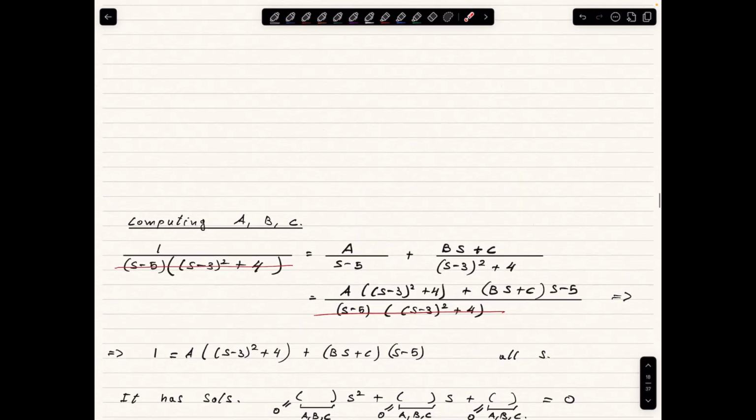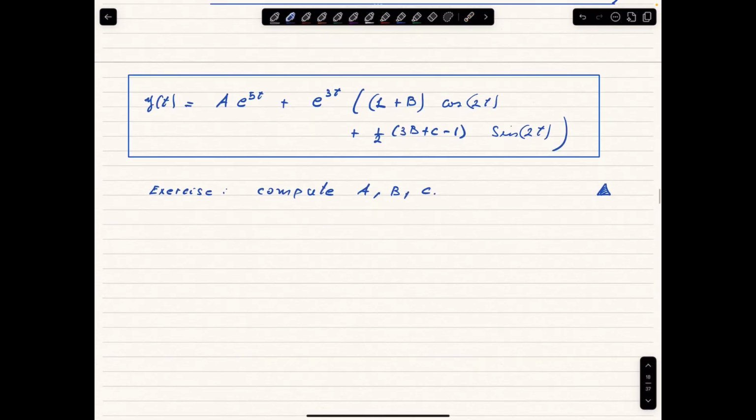So here is the calculation, but at the end you're going to have a is equal 1/8, b is equal negative 1/8, and c is 1/8. So if you put all these numbers in here, then this is just going to be a number, and another number, and another number, and you have the solution.